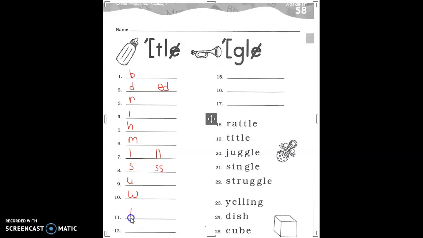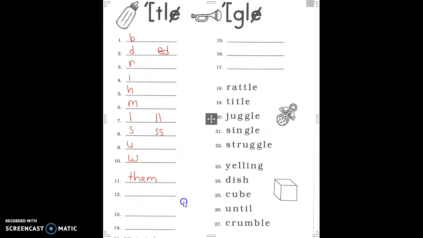Them. Number 12, smell. Smell. Oh. There's our double L that makes the L sound.